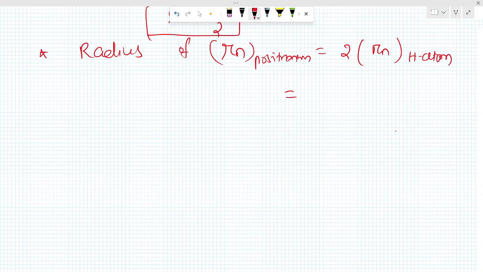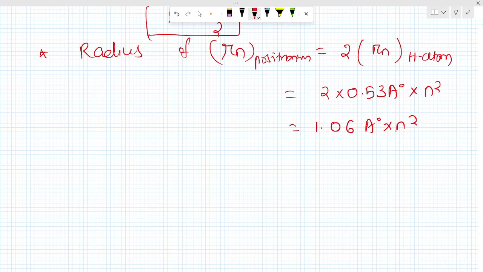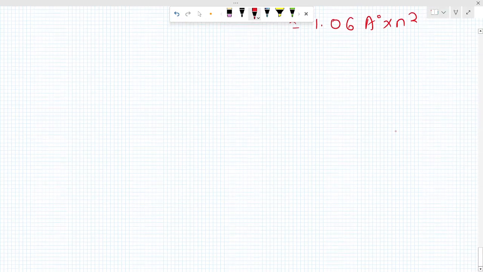So it will become 2 into 0.53 Angstrom, as I derived earlier in my lecture. Eventually it will become 1.06 Angstrom into n square, where n is the orbit number. Remember this.